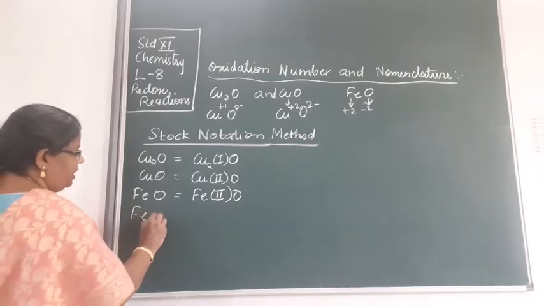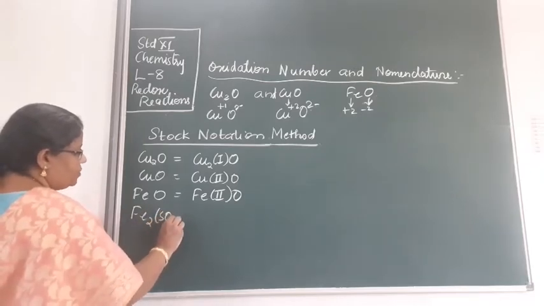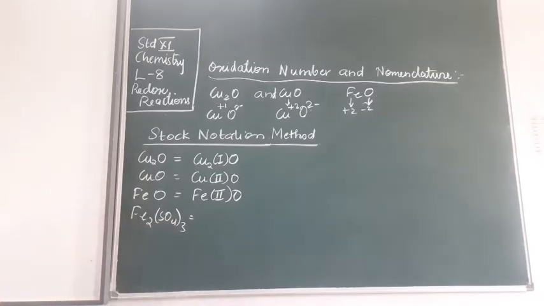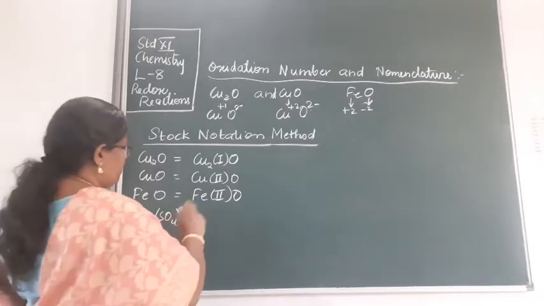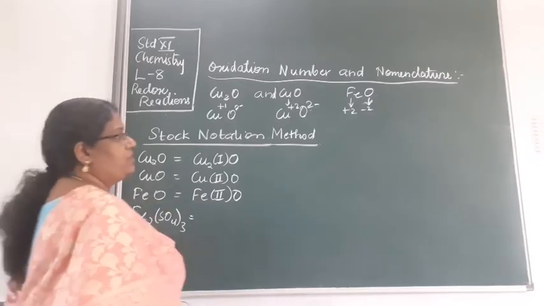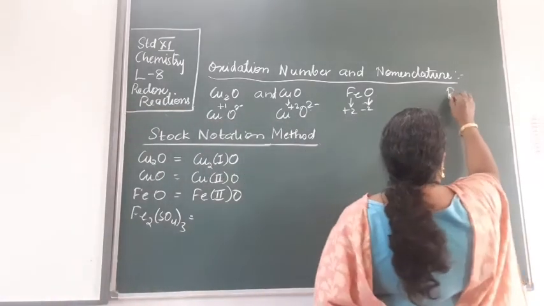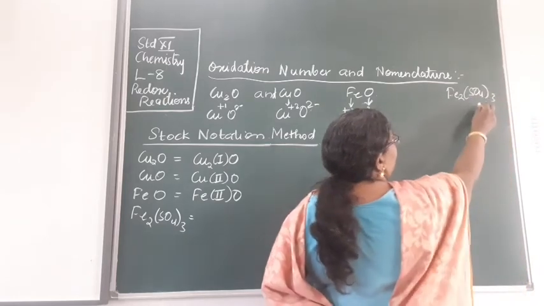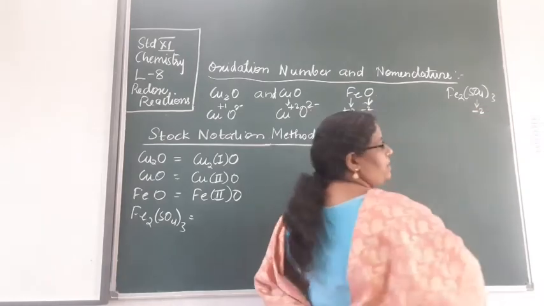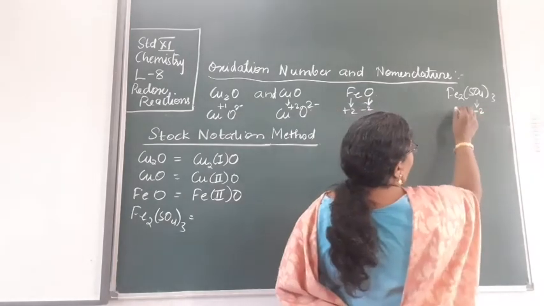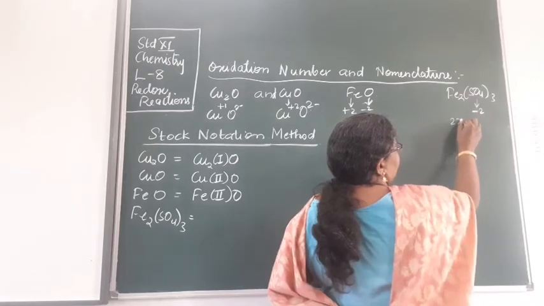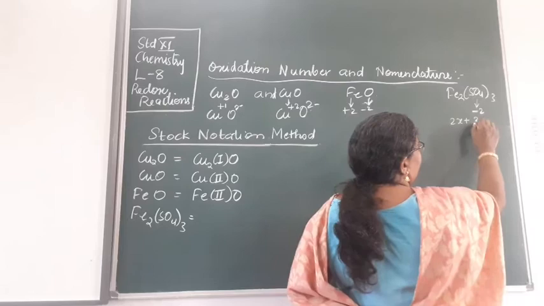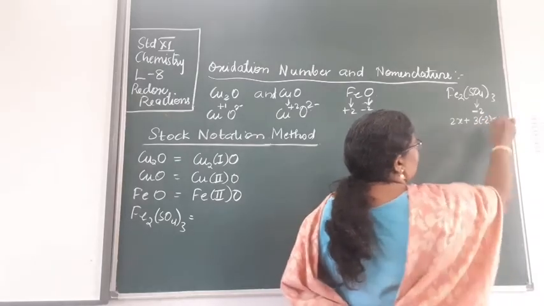Another जैसे Fe2(SO4)3. अब ये वाला कैसे notation देंगे हम इसका? Here what is the notation you will give? First you find out what is the oxidation state of Fe in SO4 में Fe का oxidation state find करना है. You know that SO4 always carries a -2 charge. Okay. So therefore this is unknown to us, so we can write it as 2x plus, ये पूरा आयन के ऊपर चार्ज -2 होता है, so 3 into -2 which is equal to 0.